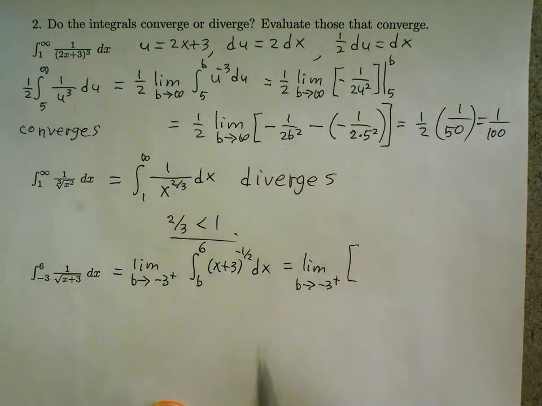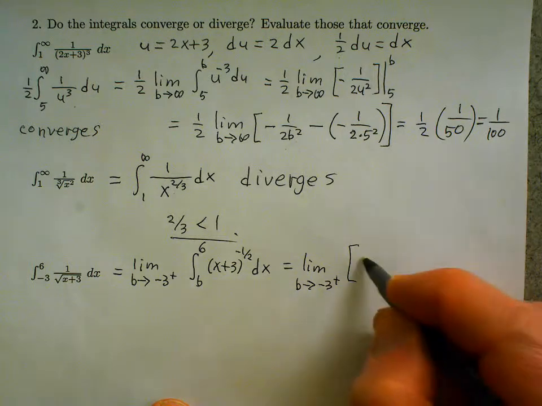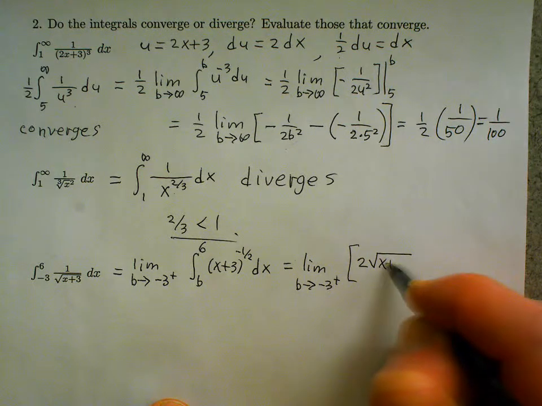Okay, an antiderivative of (x plus 3) to the -1/2 is (x plus 3) to the 1/2 divided by 1/2, or 2 times the square root of x plus 3.